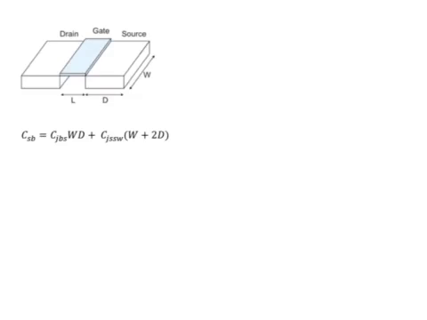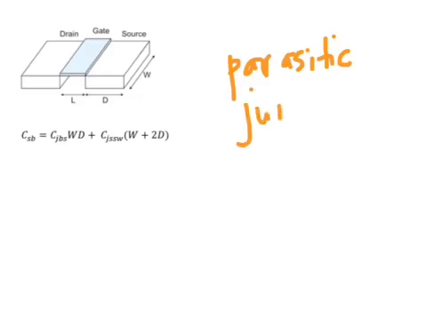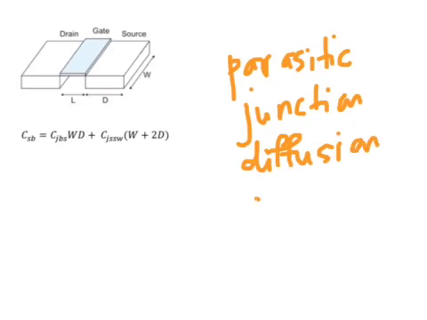Now let us talk about the parasitic, also known as junction capacitance, also known as diffusion capacitance, but in reality it actually arises from the depletion, the separation of charges caused by the depletion region between the drain and the source.